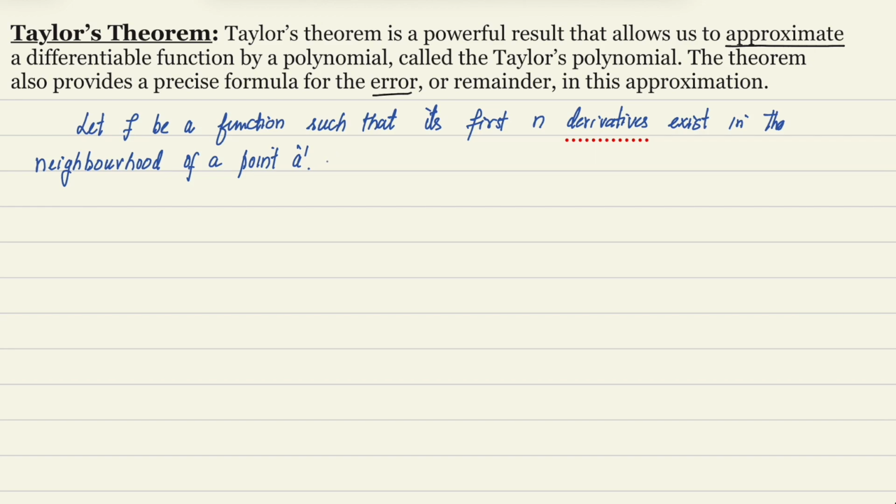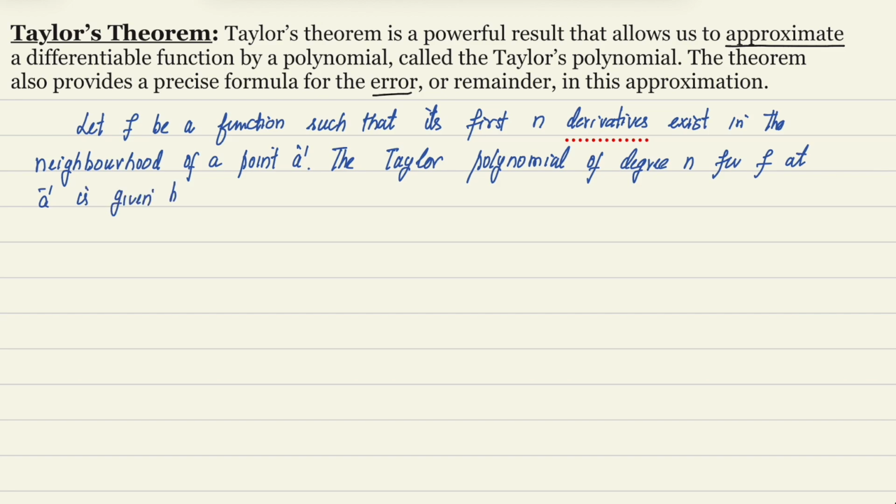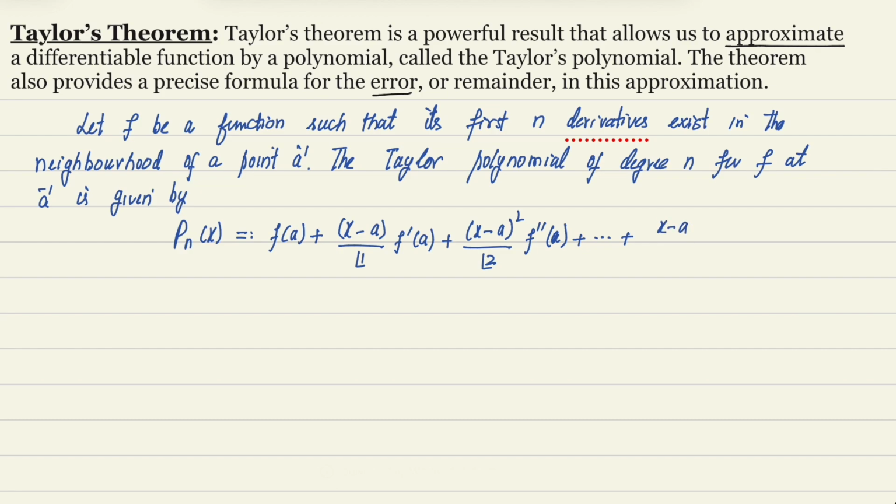The Taylor polynomial of degree n for f at a is given by Pn of x, which is defined as f of a plus (x minus a) divided by 1 factorial f dash of a plus (x minus a) whole square divided by 2 factorial f double dash of a plus so on plus (x minus a) power n divided by n factorial f nth derivative at a.